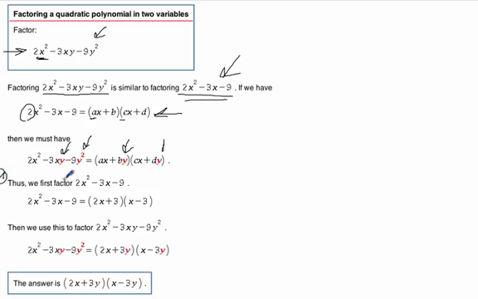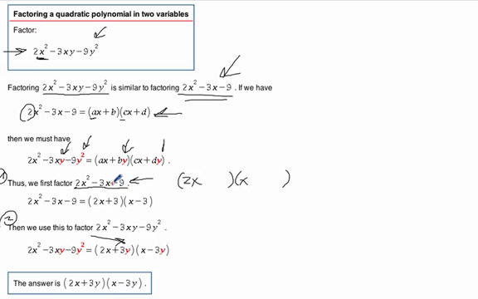First, we factor this without the y's, and then second, we just add the y's back in. So if we look at just the 2x squared minus 3x minus 9, then we know we can factor that into two binomials, and it's got to be a 2x and an x.